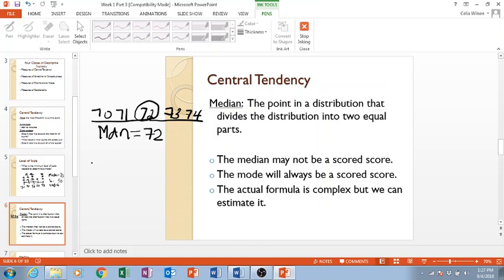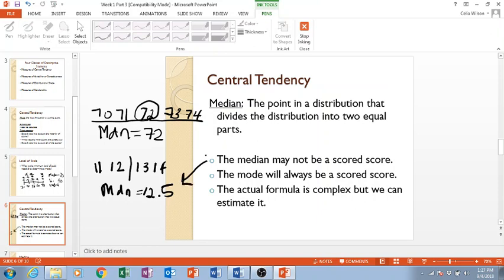All right, so let's look at the next little distribution. 11, 12, 13, 14. Okay, so what would my median be here? In this case, it's going to come right in between these two, so it would be 12.5. All right, so that's an illustration of this.